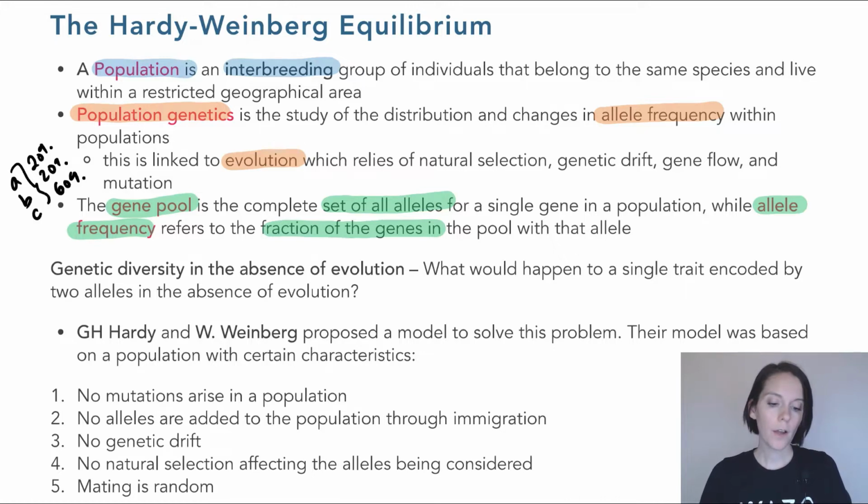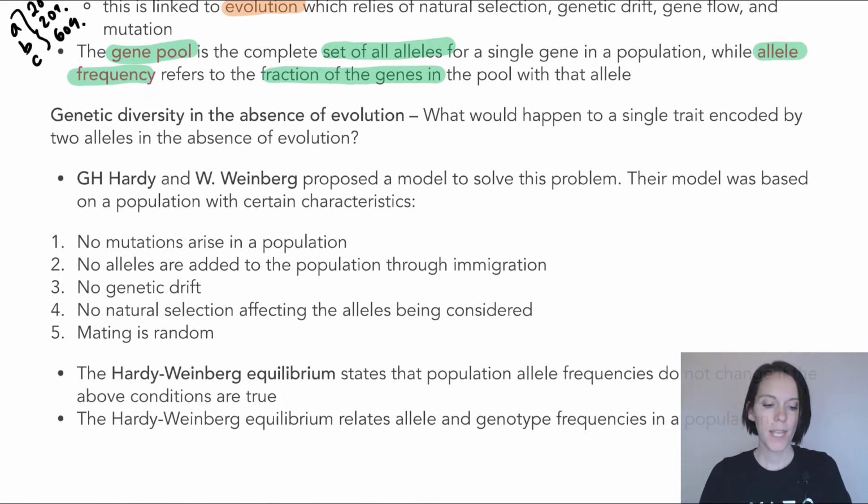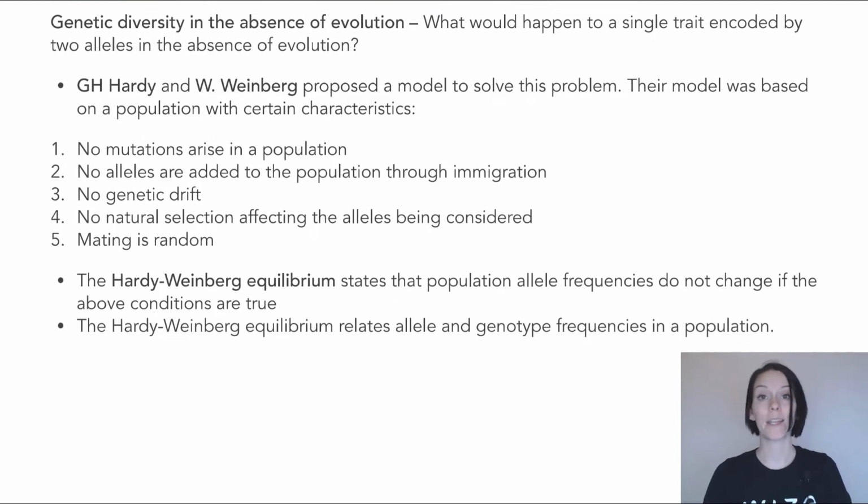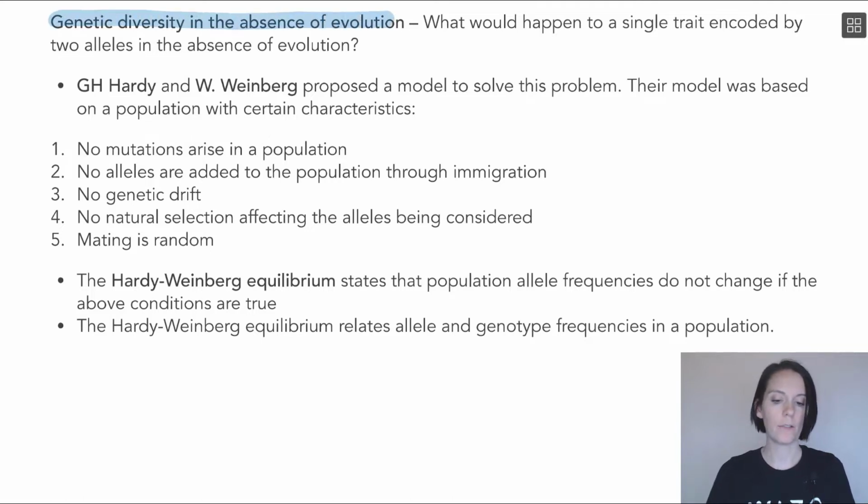Okay, so the Hardy-Weinberg Equilibrium is something that was established by scientists with the last names Hardy and Weinberg. And they have this formula that we can use, which allows us to study genetic diversity in the absence of evolution.